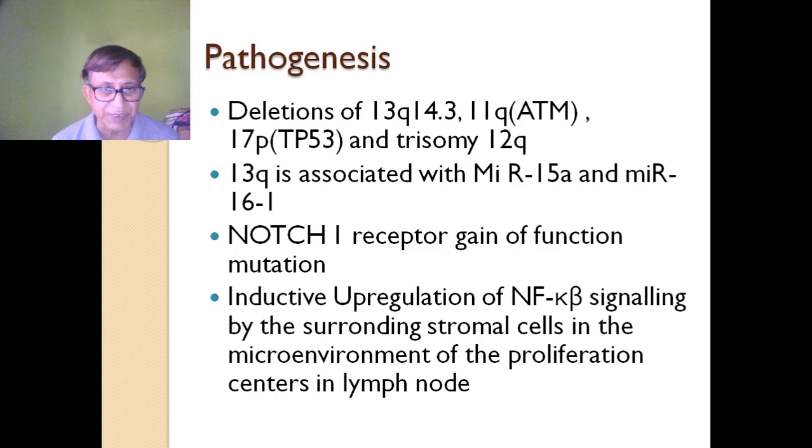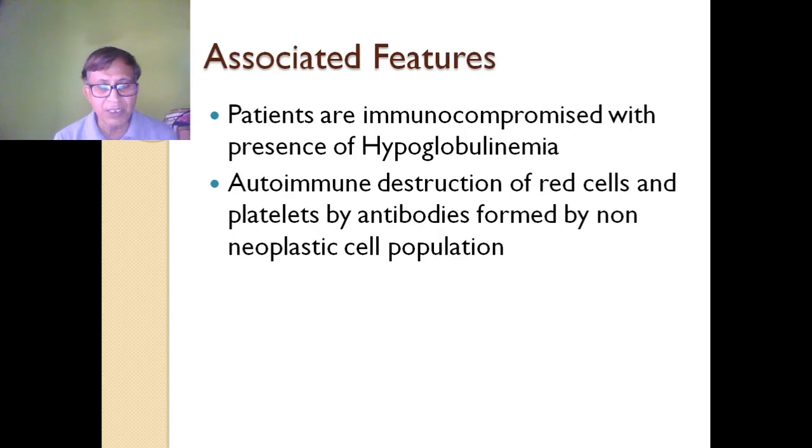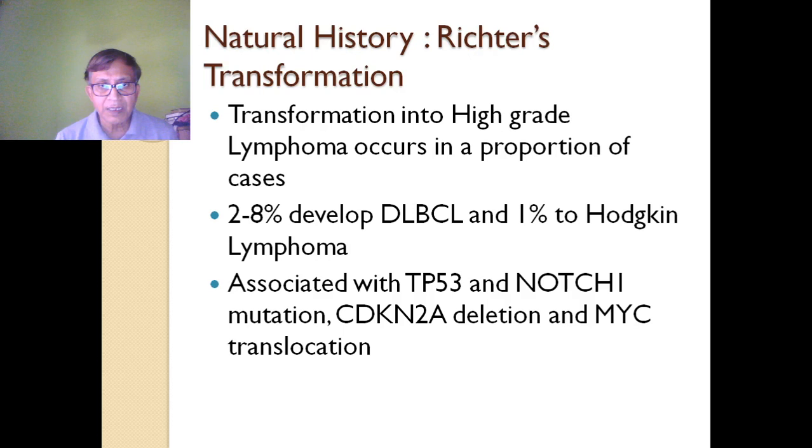In every leukemia, lymphoma, a staging system is there. We put different cases into different stages so that we can know whether the disease is in an early stage or in a very advanced stage. In that way, Rai and Binet have staged CLL into 0, 1, 2, 3, 4 based on different variables.